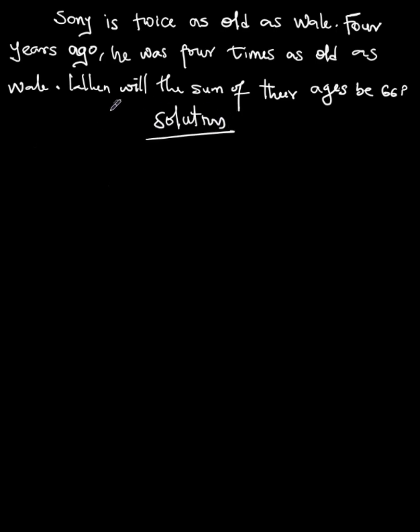As it is with every word problem, the first thing is read the question, understand it, identify the unknown, represent it with a variable or a letter, right? Interpret the question, form it into an equation, then solve.